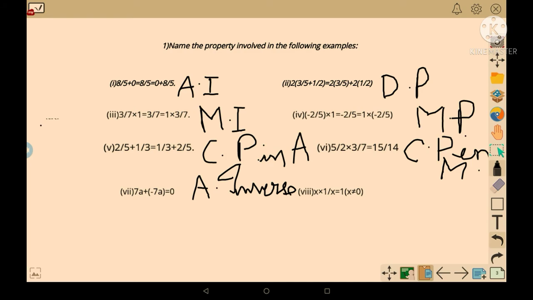So here we can conclude that x into 1 by x equals 1 and x is not equal to 0. Here it is given; I'll write it here and explain it to you.